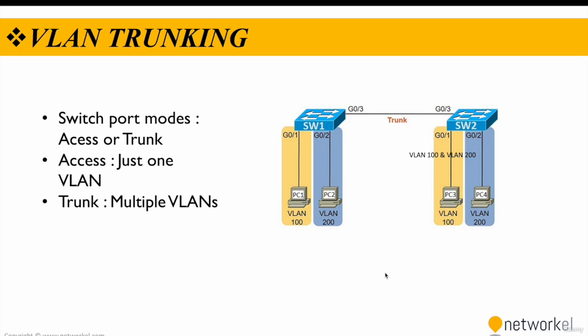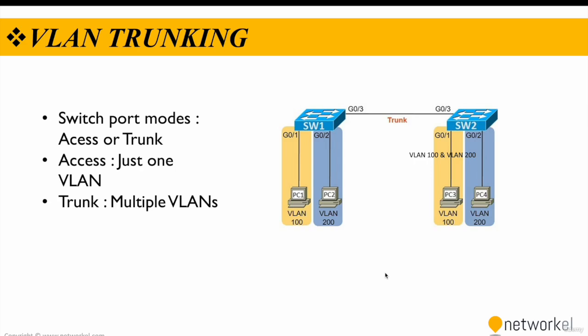In networking, access ports and trunk ports are types of switch ports used to handle different kinds of traffic within VLAN configurations. An access port is a switch port configured to carry traffic for a single VLAN only.